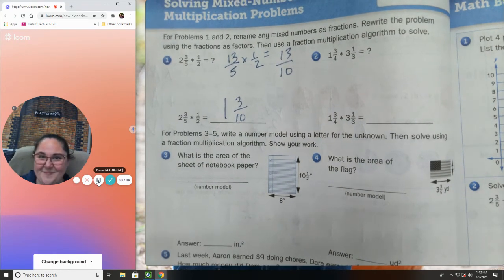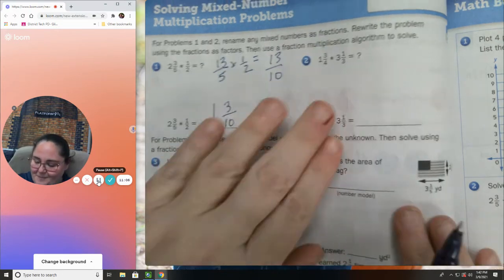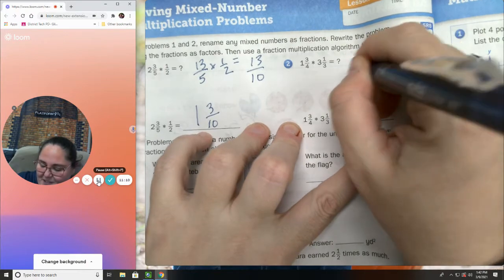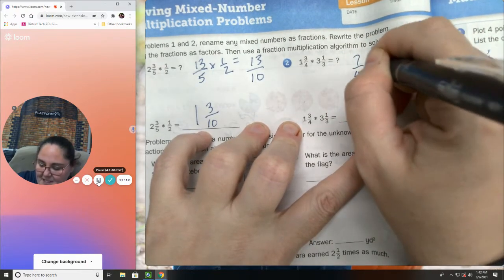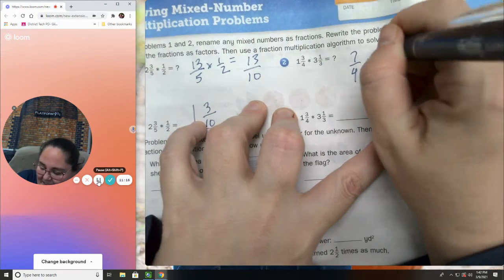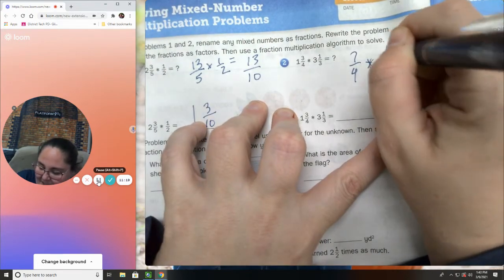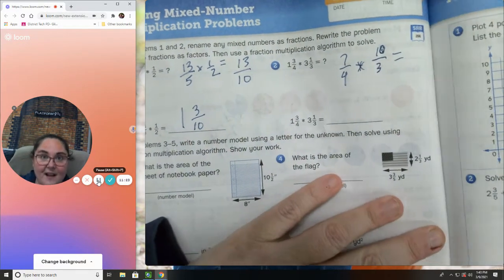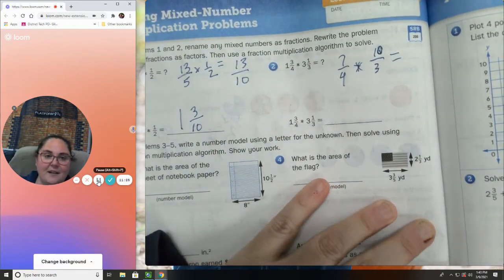Did you get it written down? I hope so. 4 times 1 is 4, plus 3 is 7, so 7/4 times. 3 times 3 is 9, plus 1 is 10. Denominator is 3. Multiply straight across. Go ahead and find your answer.